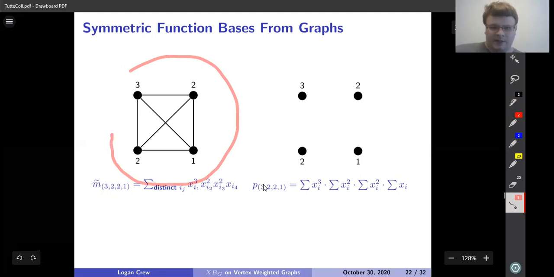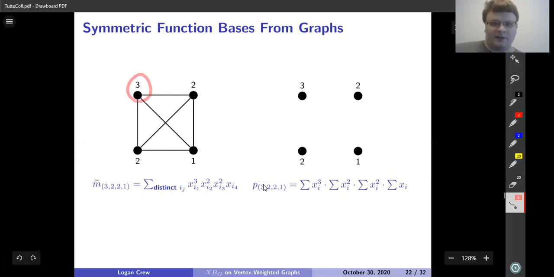So what do we get when we sum this graph? Each of these vertices needs to get a different color. So it's going to be a sum over distinct colors. And the one that gets put here is going to get weight 3. The ones that get put here and here are going to get weights 2. And the one that gets put here is going to get weight 1.